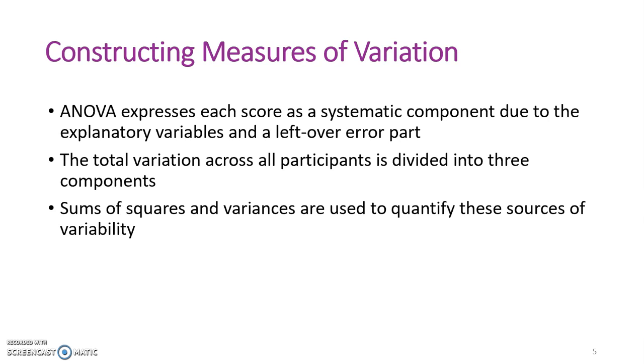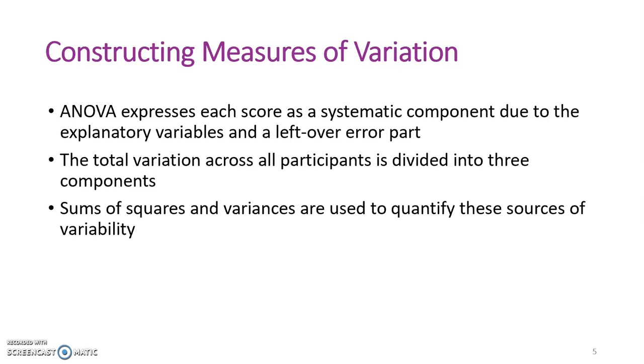This is a slide you've seen before, I think, during the first lecture for two-factor ANOVA. We express each score as a systematic component, essentially a group effect, and a leftover error part. The total variation across all participants, think of that as the total sum of squares, the pie chart, is divided into three components.